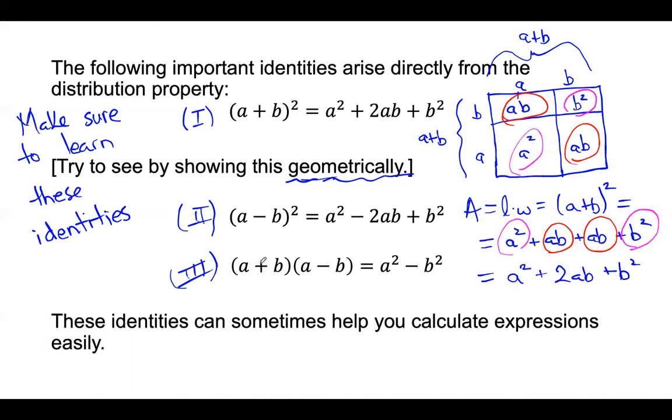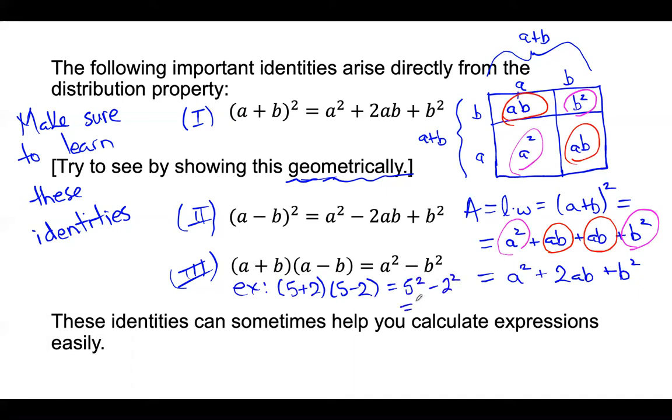An example of the third one, I'll leave the second one to you, would be, let's say, 5 plus 2 times 5 minus 2 is going to be equal to, well, 5 squared minus 2 squared.